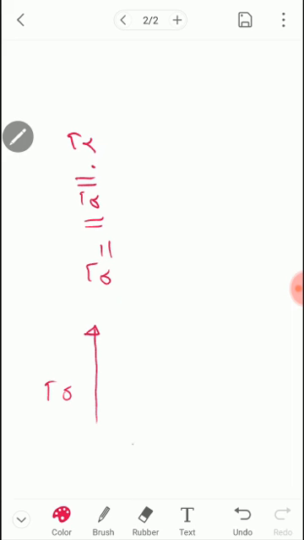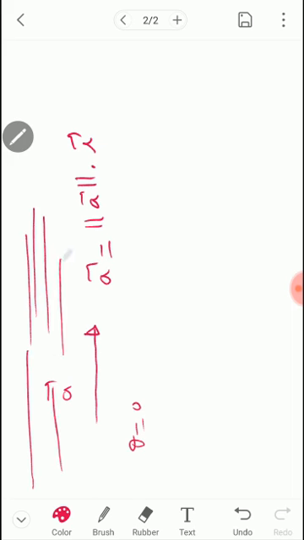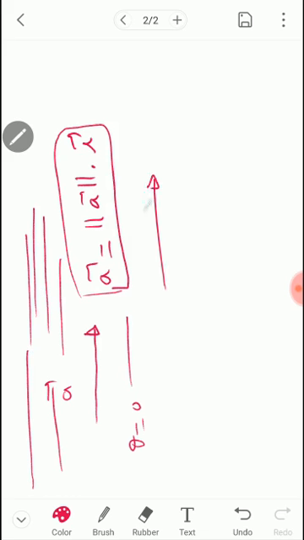For example, suppose we have this vector A. We have A equal to its magnitude multiplied by vector I, which has a magnitude of 1. So all the vectors in this direction can be written in this form.